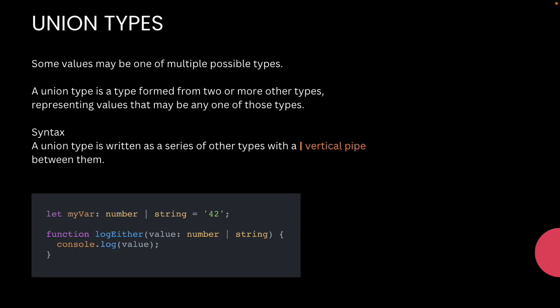The way you would use it is with a vertical pipe, which is this symbol. You define a variable and then you can say it shouldn't just have a type of number, it can also be a string. So there you go, that's a union type.